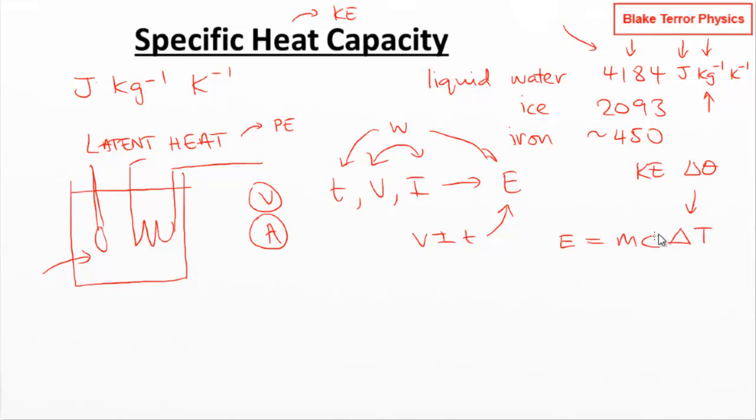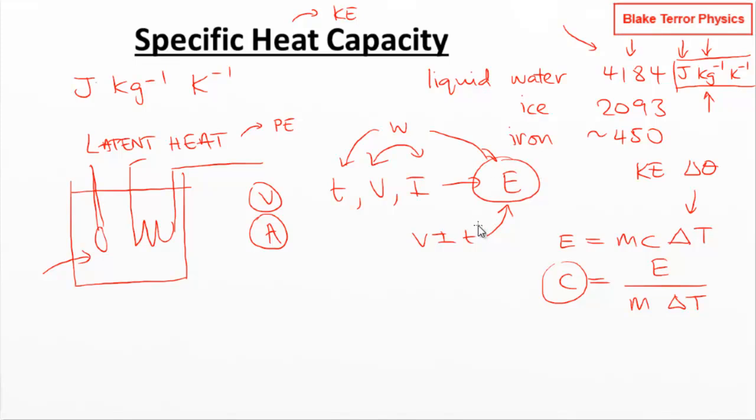If we rearrange this, we say our specific heat capacity is our energy, that's our joules, per kilogram, per unit mass, per temperature change. So this is what we can then work out. And you can see the units here are joules per kilogram per Kelvin. We can just plug all of this in and then work out what the specific heat capacity is.